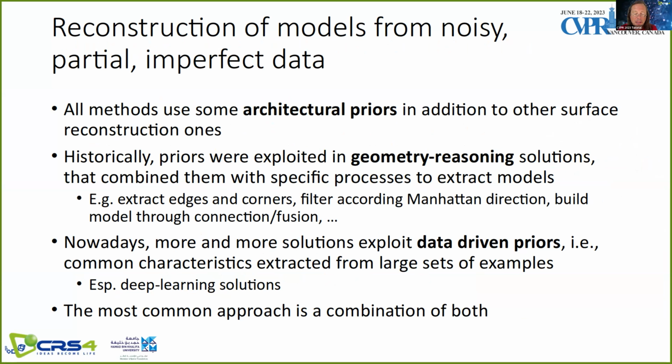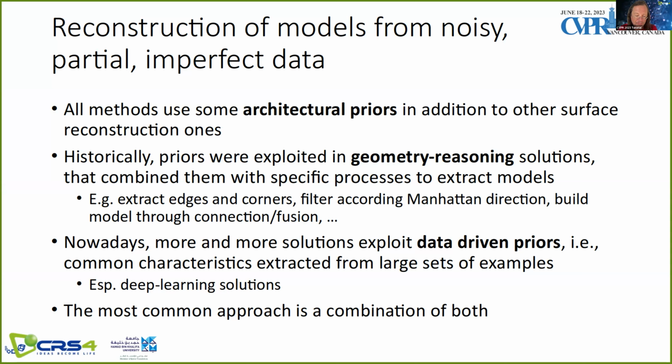Restricting the domain of application is done by imposing some architectural priors on top of the usual priors that are used for reconstruction. These priors generate constraints on the output models, but also simplify the way you can reason about the models themselves.